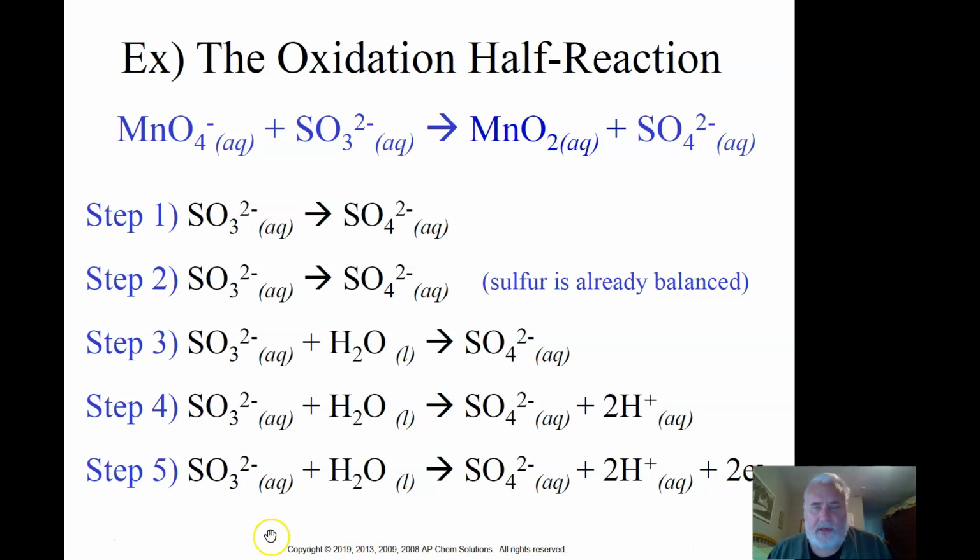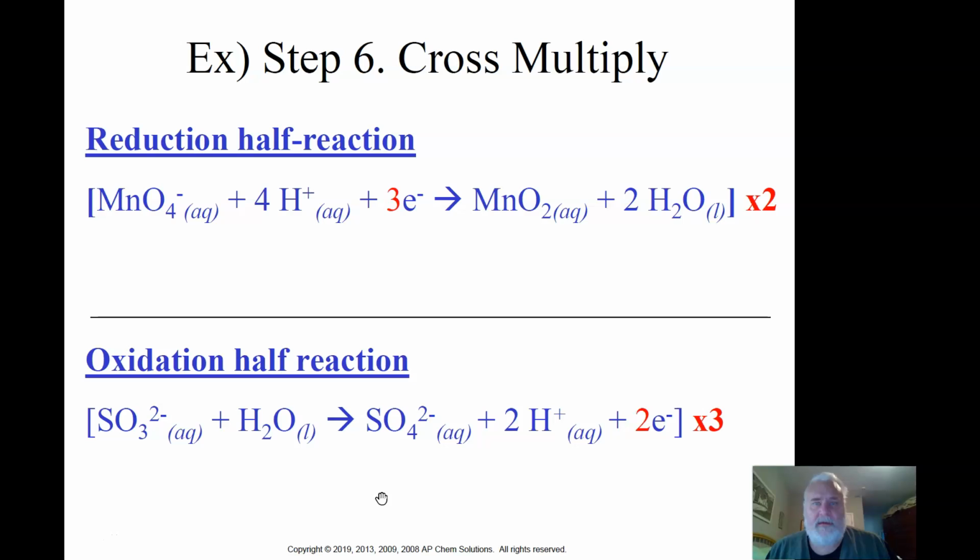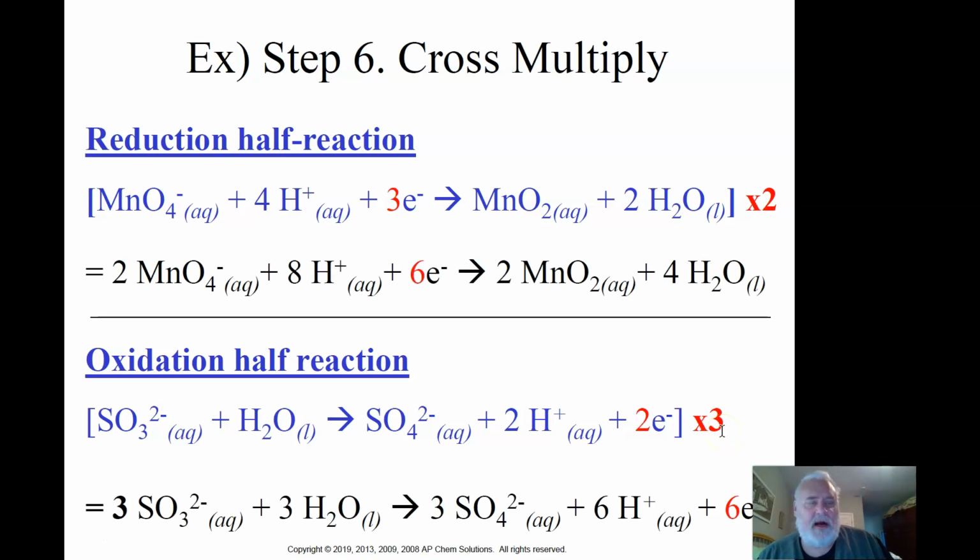So that works out really nicely, and you have now done steps 1 through 5 for each of them, and you need to do the old crisscross method. If you have 3 electrons and 2 electrons, you're going to have to multiply this whole thing by 2 and that whole thing by 3, and those are your actual correct half reactions on step 6.